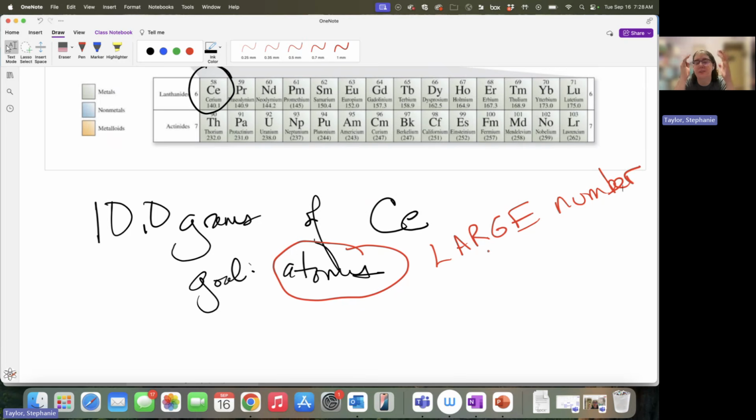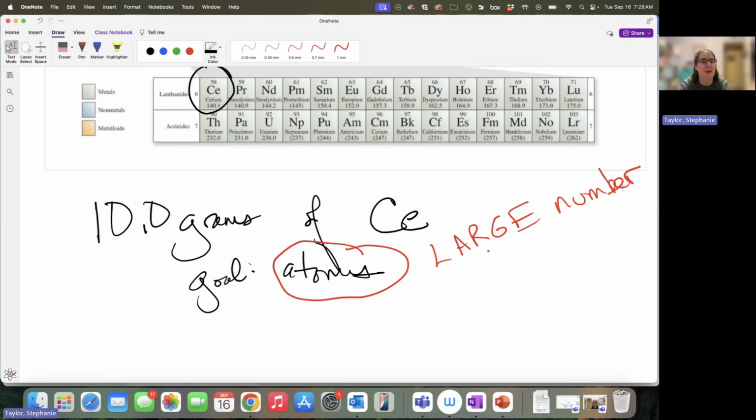The smallest it could possibly be is like 1,000 or 10,000. Even if we take some of the more massive atoms that have a lot of heft and mass, you still have to have multiple atoms.